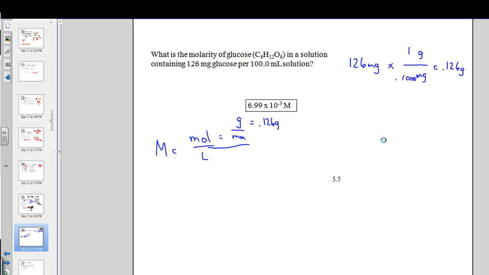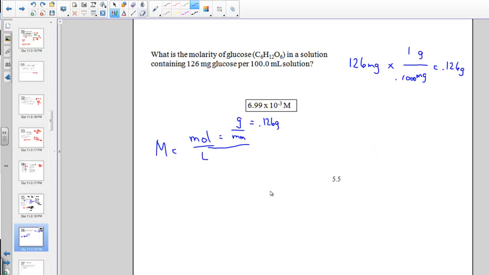So 12 times 6 plus, we have the mass of 12 hydrogens, so I'll add 12, plus the mass of 6 oxygens, which we can see to be 6 times 16. So I'm getting 180 as that molar mass there.